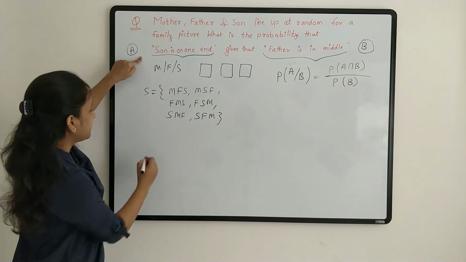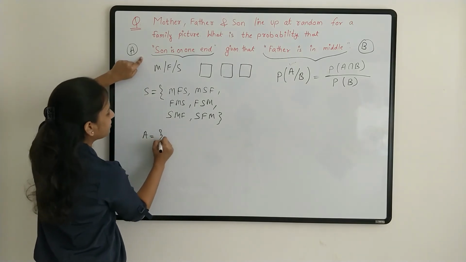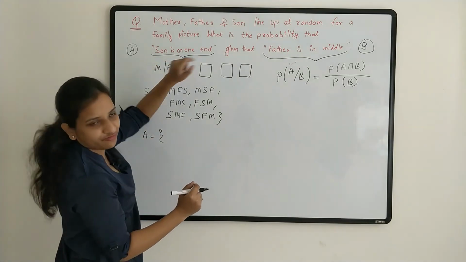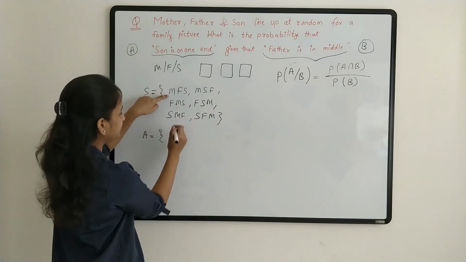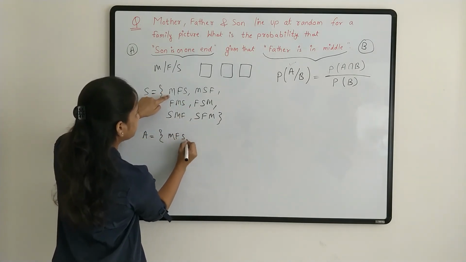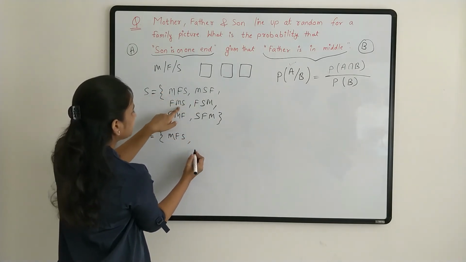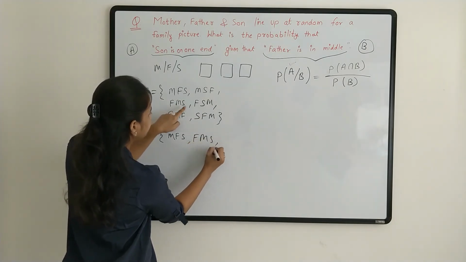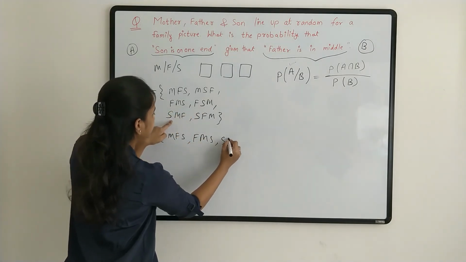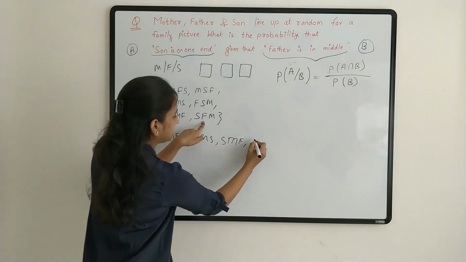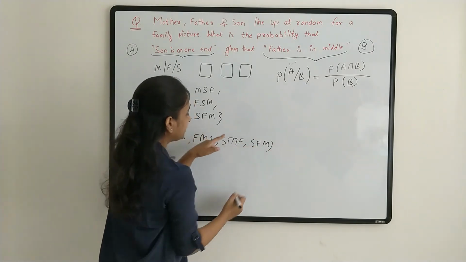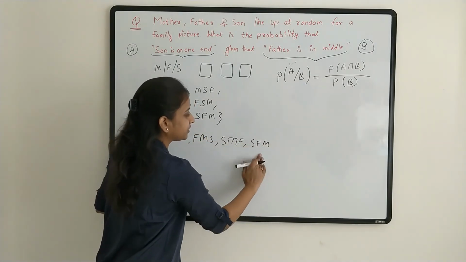Now what is event A? Favorable outcomes. Son is on one end. Son is on one end means this is one event, MFS. This is not. Again FMS, this is not. SMF, and this is SFM. This is event A. Okay.